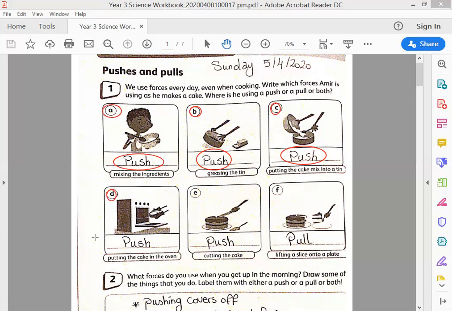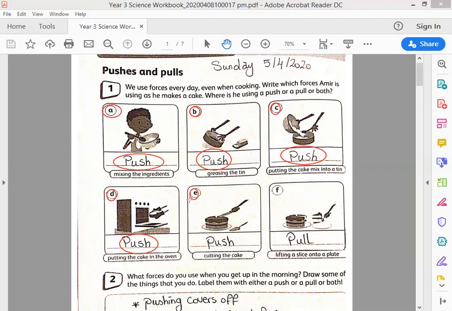He's going to push the tin inside the oven. Okay, because the door of the oven is already open, you will not pull the door.